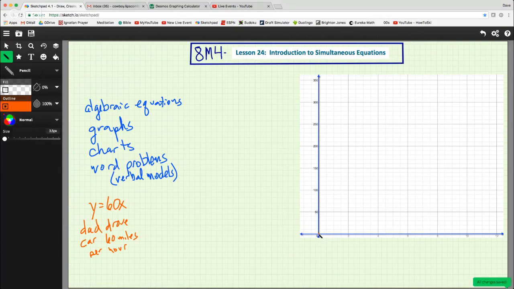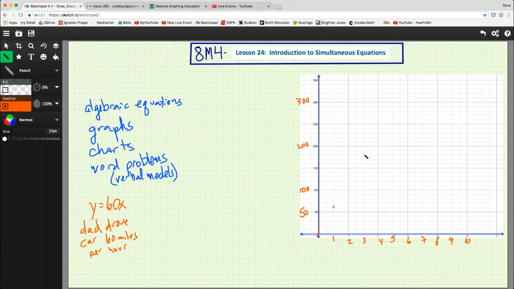And we're going to take our point of 0, 0. And remember, this is 50, 100, 200, 300, 1, 2. And you're going to get the sense of the simultaneous piece here in a second. But, and I'll explain simultaneous equations. Okay, so, and then we had 1, 60, 2, 120, 3, 180.